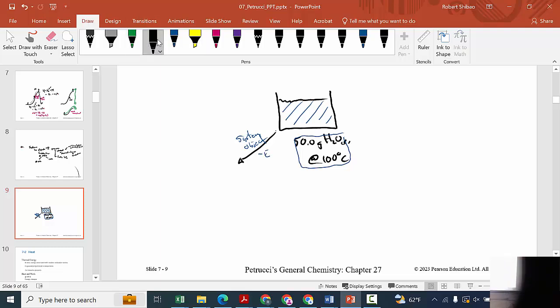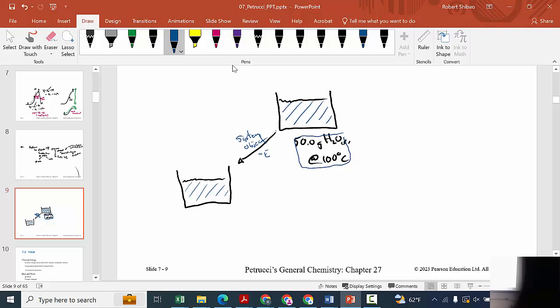And where's that energy going to go? Into the surroundings. So let's say my surroundings were at 25 degrees C, room temperature. And eventually this water should cool down to what temperature? 25 degrees C, room temperature.